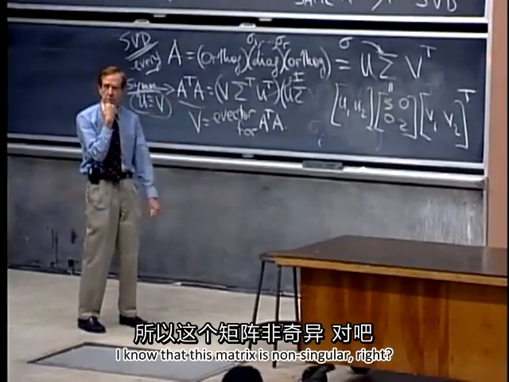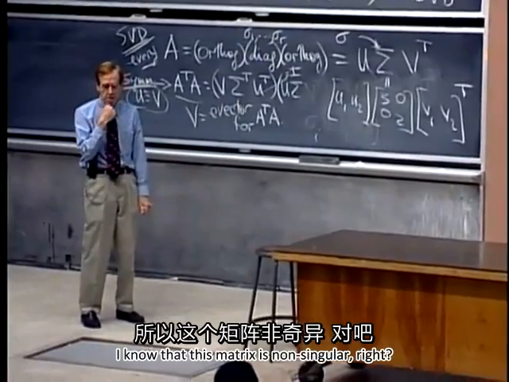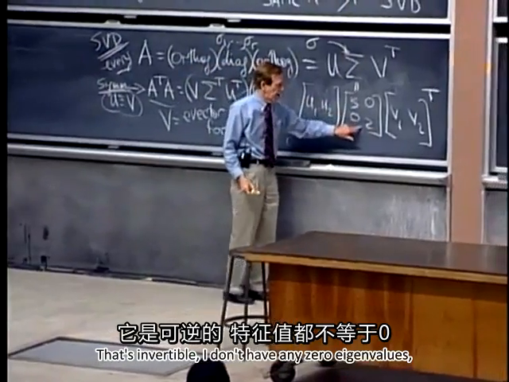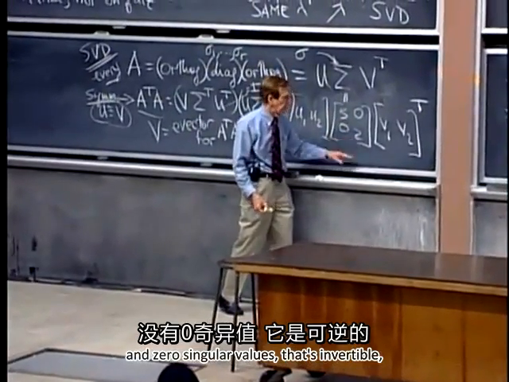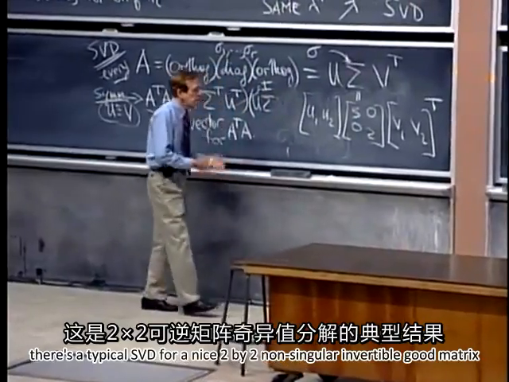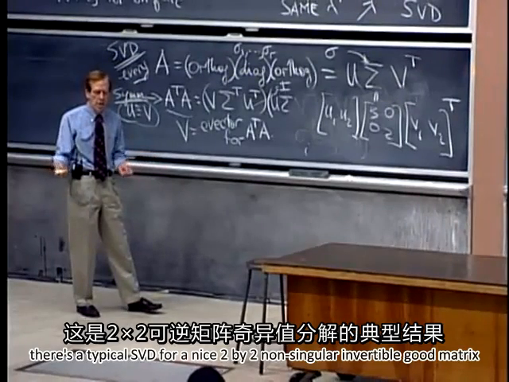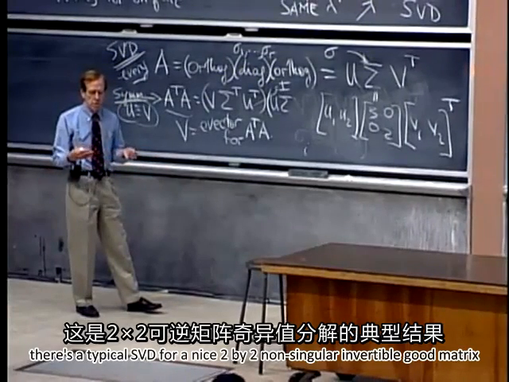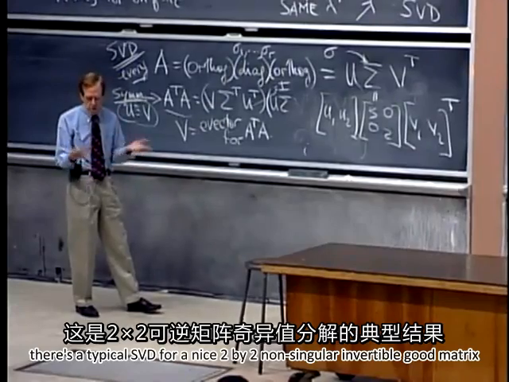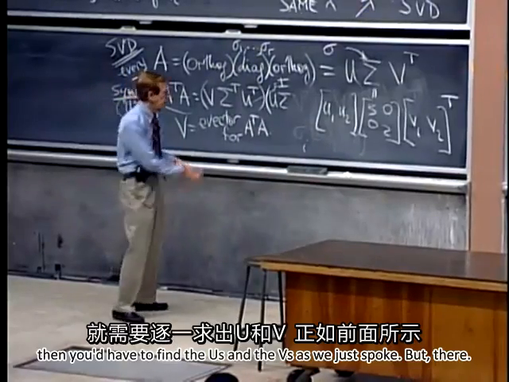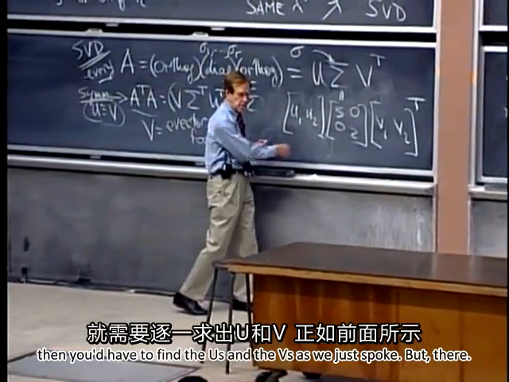I know that this matrix is non-singular, right? That's invertible. I don't have any 0 eigenvalues, any 0 singular values. There's a typical SVD for a nice 2 by 2, non-singular, invertible, good matrix. If I actually gave you a matrix, then you'd have to find the U's and the V's as we just spoke.